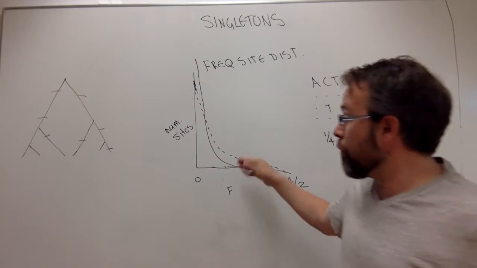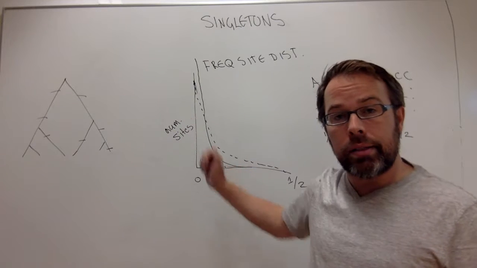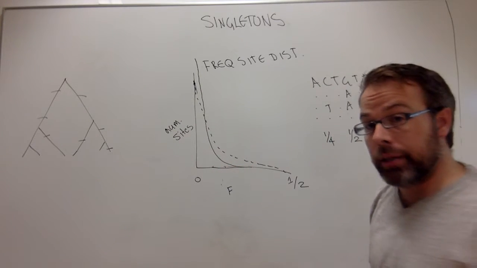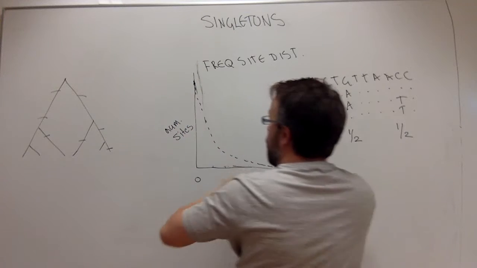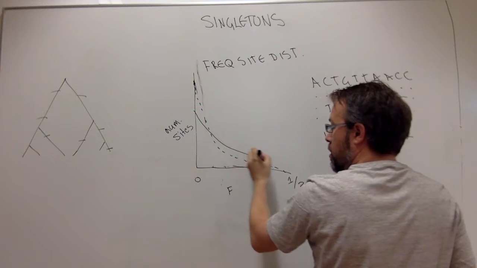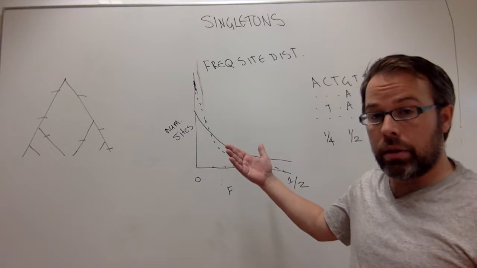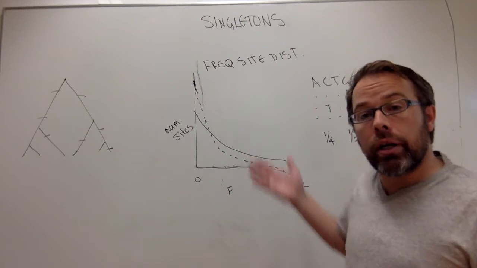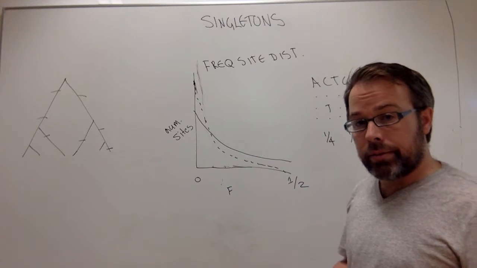And so we could then infer from this that selection is acting against this class of mutations that we're studying. If we see the opposite, fewer low frequency mutations and more high frequency mutations, then we can infer the opposite, that selection is favoring, is promoting these alleles into the population.